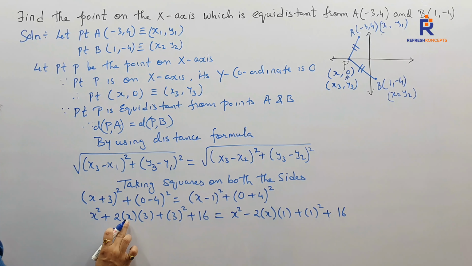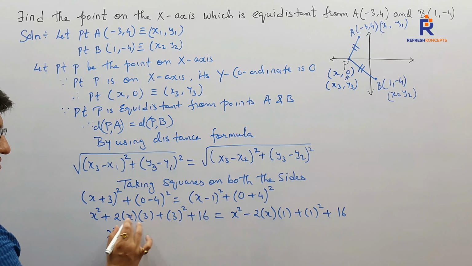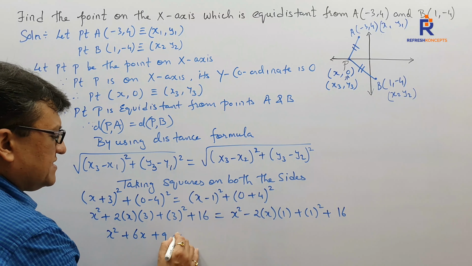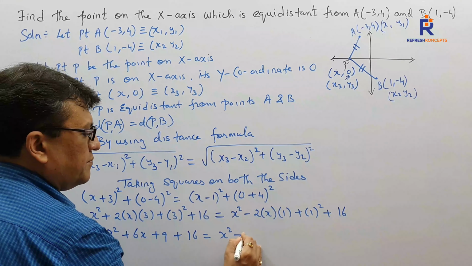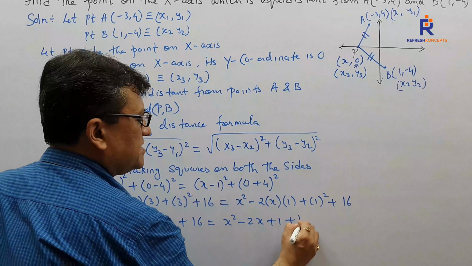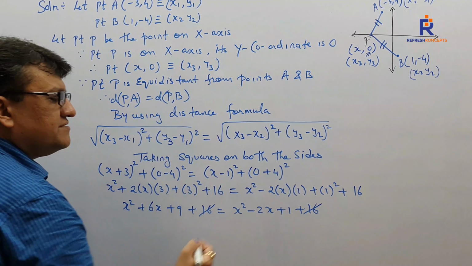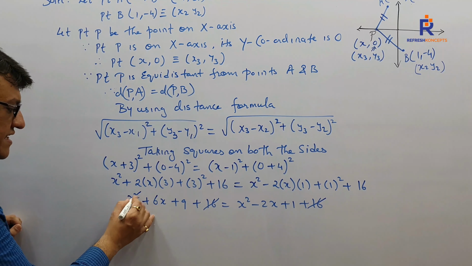x square plus 6x plus 9 plus 16 equals x square minus 2x plus 1 plus 16. Can't I cancel this 16 and this 16? Can't I cancel this x square and this x square?